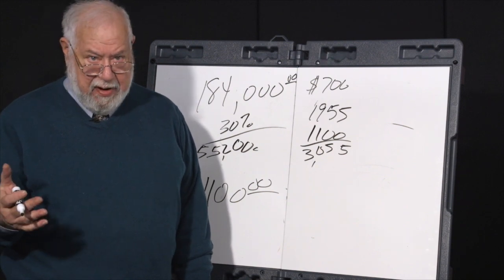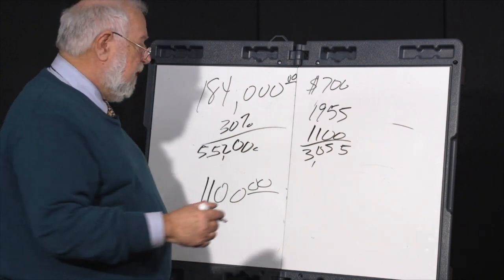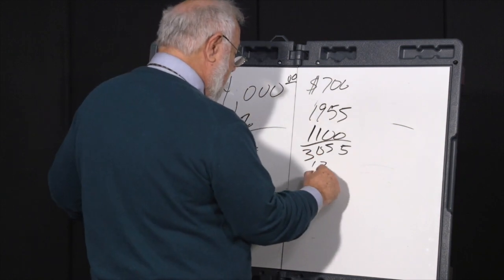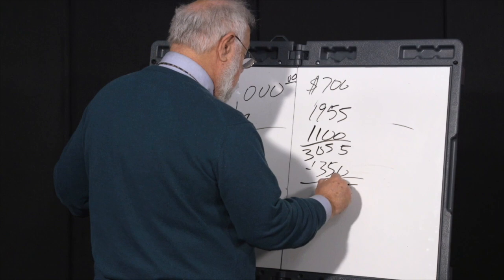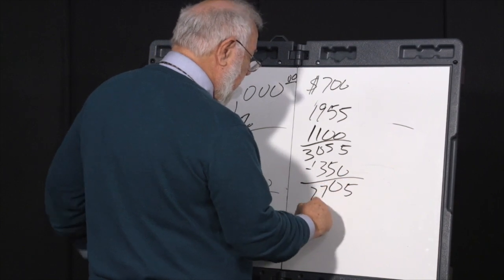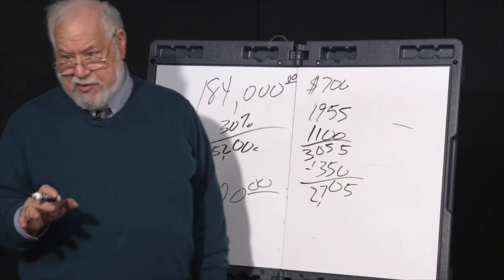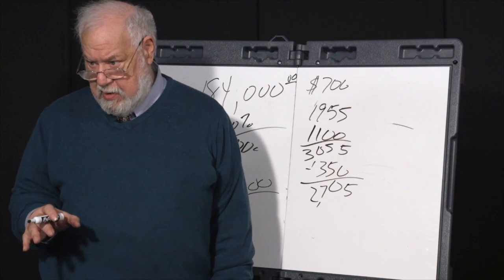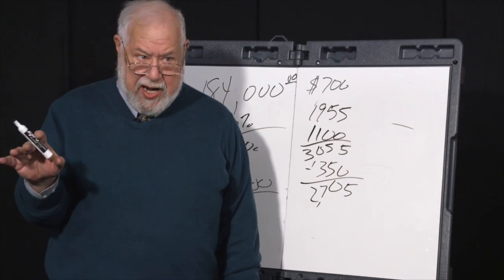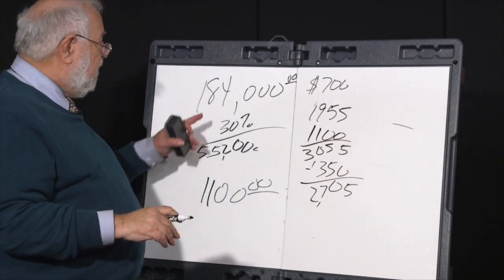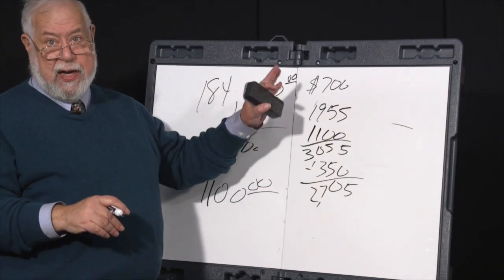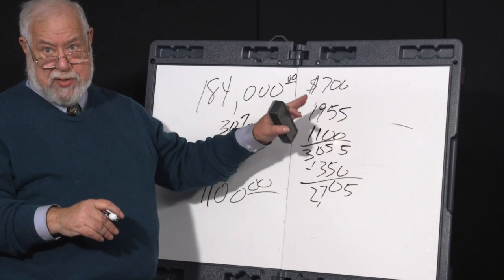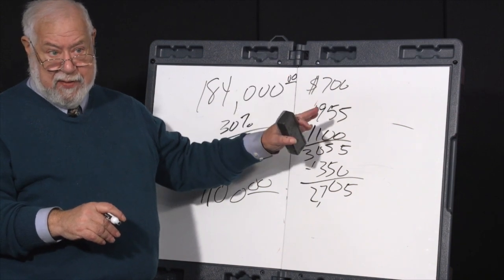I believe it's around $350. So we got to take the $350 off of this. So she's going to have a retirement income of $2,705. Her net scenario before was $700. We have practically quadrupled this woman's retirement benefit.